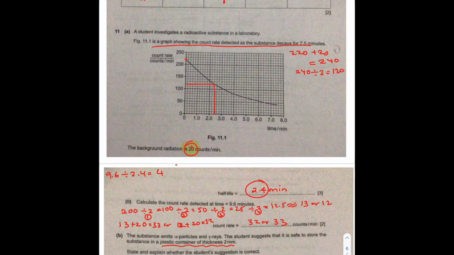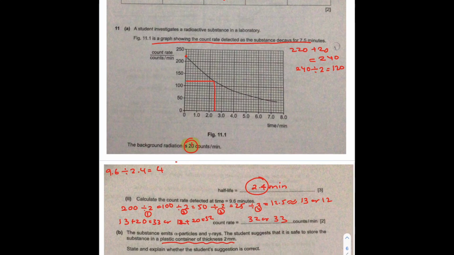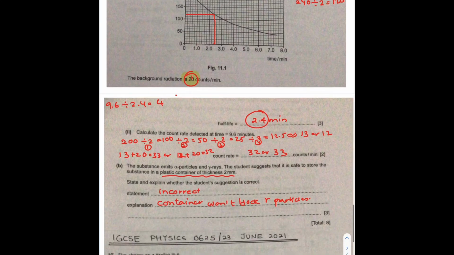So we can say the container does not absorb or stop, the container won't block gamma rays. For 3 marks, it's partially incorrect.